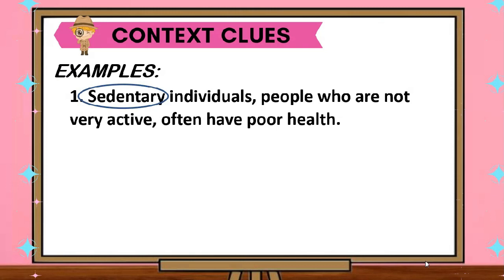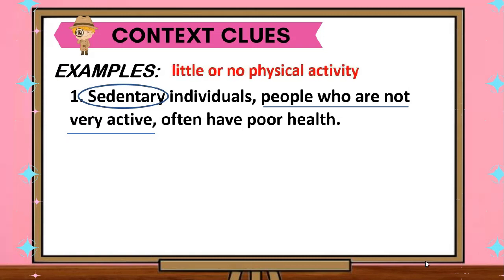In this sentence, the meaning of the word sedentary is explained immediately after its use. According to this sentence, sedentary individuals are people who are not very active and often have poor health. In other words, sedentary means little or no physical activity.